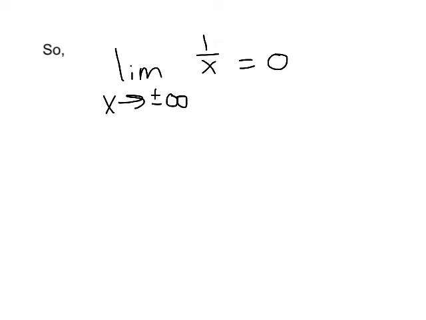Now the same thing applies if I have that value raised to an exponent. So the limit as x approaches positive or negative infinity of 1 over x to the n also approaches 0. In fact, it approaches 0 faster than the original one. So we're going to use this concept to evaluate some limits at infinity.